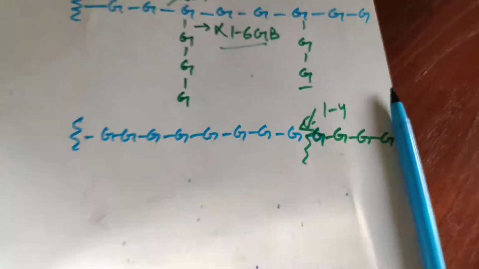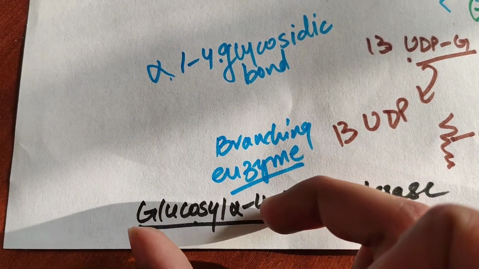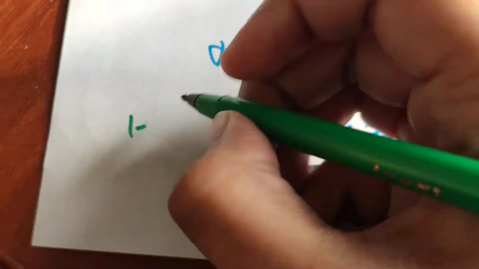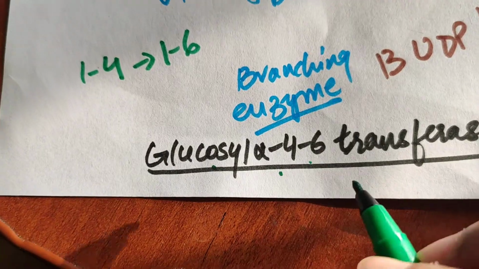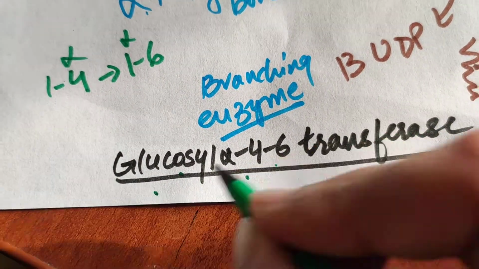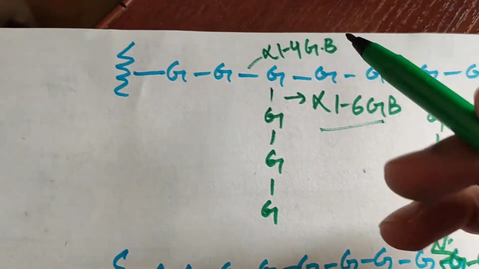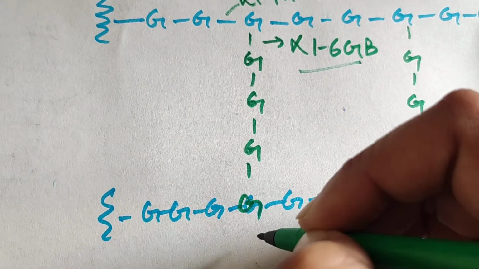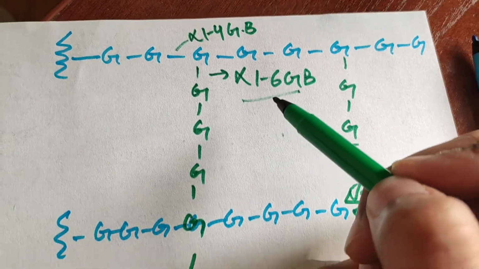So this enzyme is known as glucosyl because it is transferring the glucose from an alpha 1,4 bond to an alpha 1,6 bond. So it is known as glucosyl 4 to 6 transferase. After this molecule is formed, further elongation will occur here with the glycogen synthase enzyme.